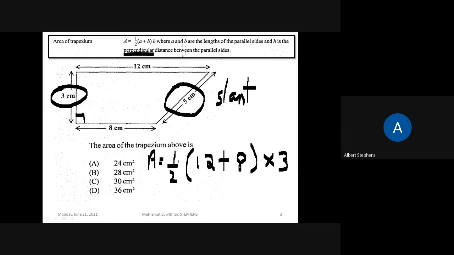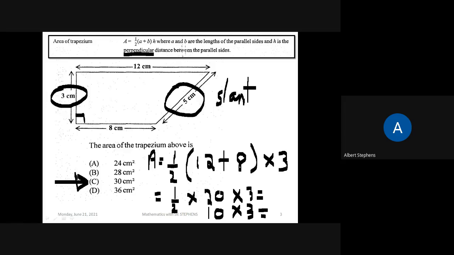Work the bracket first, right? All right. So it's a half times what? 20 times 3, which is, so half of 20 is what? 10, and 10 times 3 is 30. So the answer there is 30 centimeters squared.